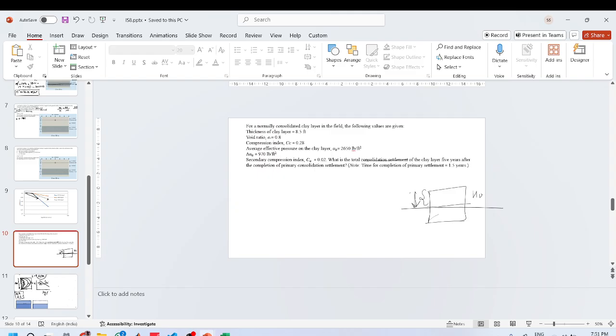After this complete consolidation has taken place, sometimes under a prolonged period of loading or straining, the soil solids start to reorient and they form some kind of settlement which is called the secondary settlement, and it has nothing to do with change in the volume of voids, and it is time dependent.